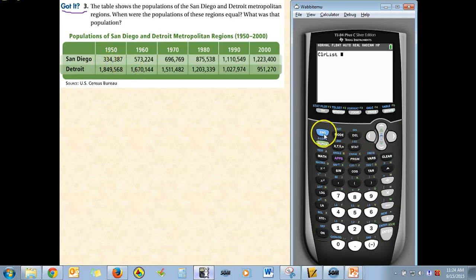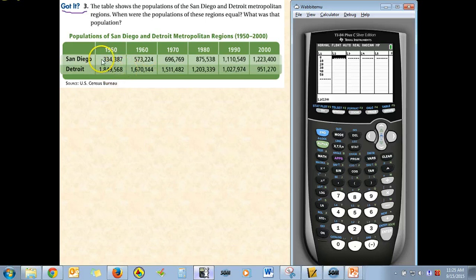So I'm going to do list names, list 2, comma, list 3. Done. So now when I go to edit my lists, list 1 will still be there, but list 2 and 3 are cleared.